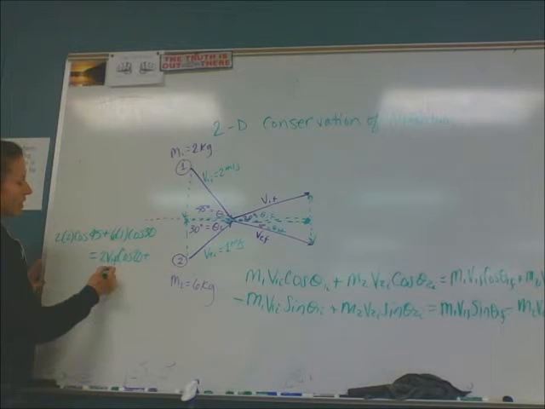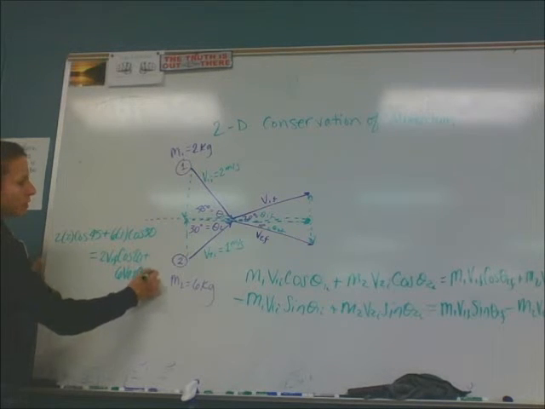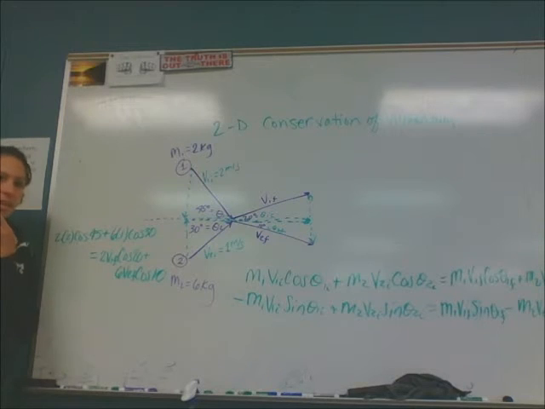So I wrote this on 3 lines, and I apologize for that. But what you can see is a lot of this stuff starts to get a little bit easier. If I simplify this, M times cosine of 45. Cosine of 45 is square root of 2 over 2. Right? So this actually is 2 square root of 2. Plus 6 cosine of 30 is square root of 3 over 2.